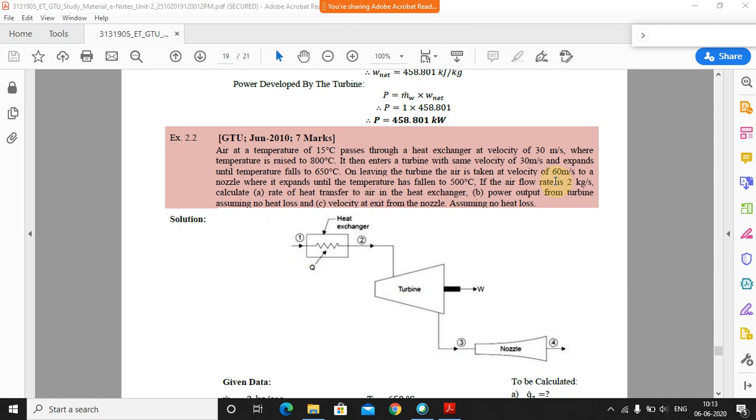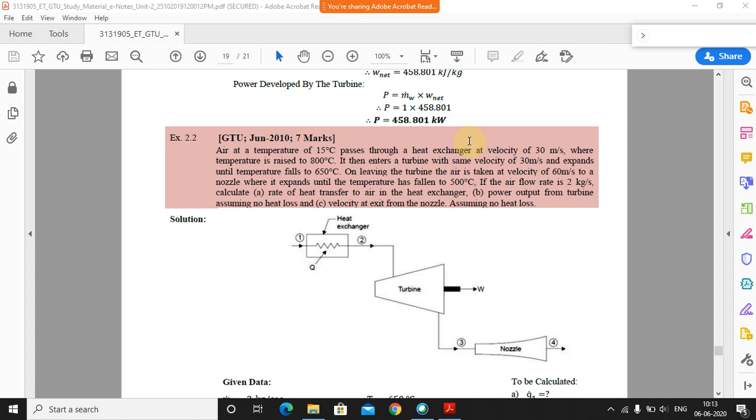Now in this case again it is a combined system. The steam power plant is given over here, with the heat exchanger, then after the water is converted into steam, that steam is supplied to the turbine, and while leaving the turbine it enters the nozzle so that we can decrease the temperature.